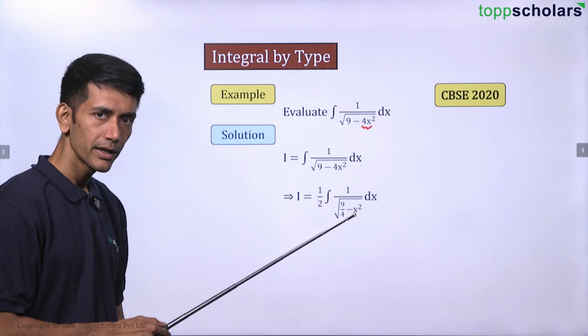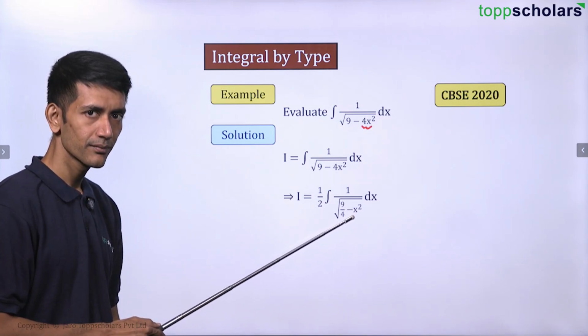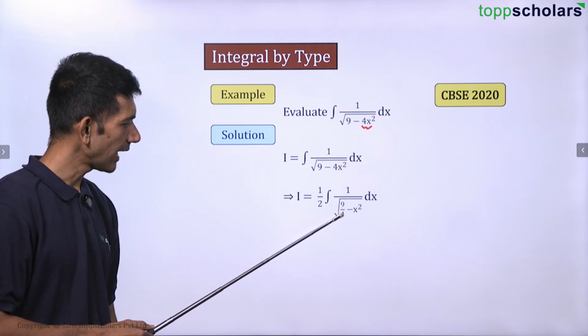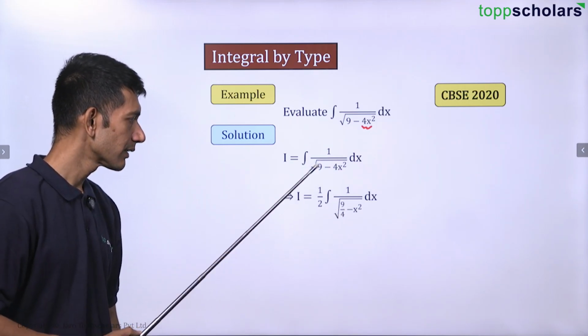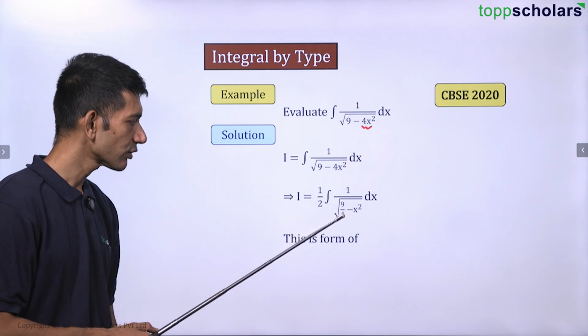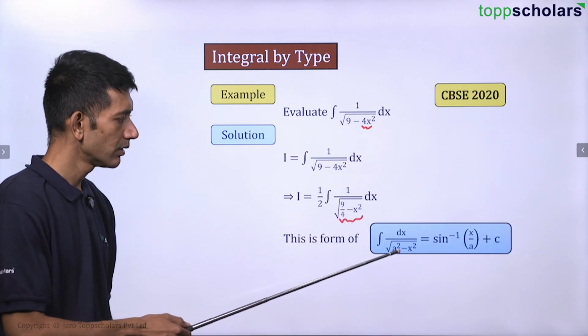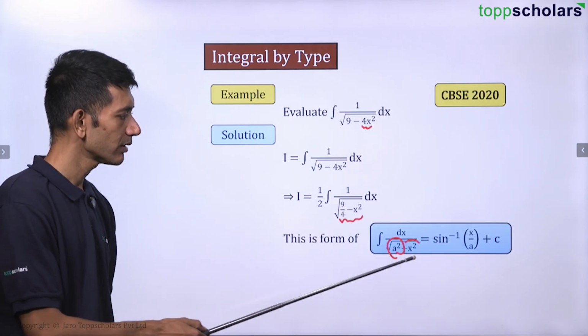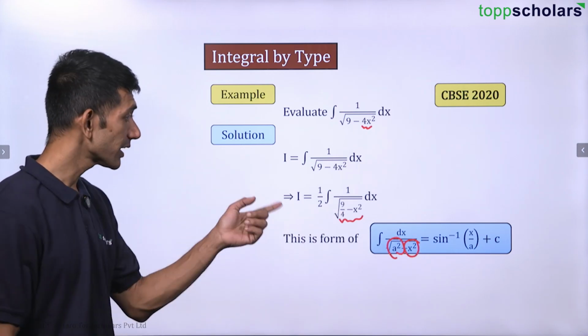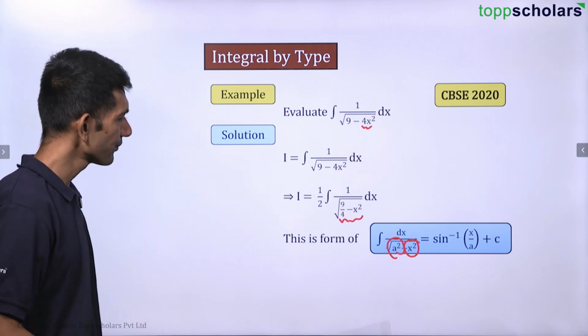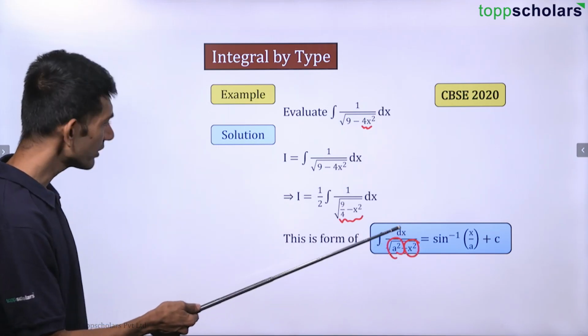Dividing by 4, dividing by 4. And then, what is the square root of 4? 2. That goes outside. Now this is of the form 1 by root of a square minus x square. What is a? 3 by 2. Because 3 by 2 whole square.